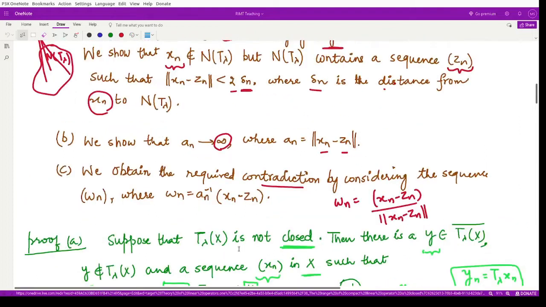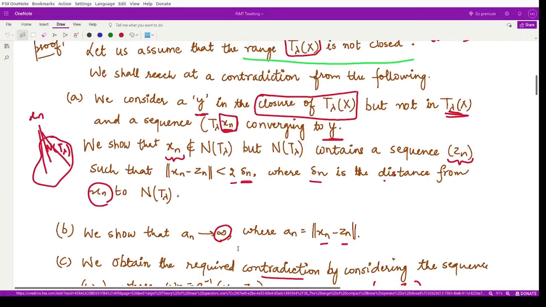So let's again have a look here. In part A, we considered some y which is in the closure of T lambda X but not present in T lambda X itself, and the sequence T lambda xn converges to y. In this case, xn does not belong to the null space of T lambda, but the null space contains another sequence Zn such that the distance of xn from Zn is strictly less than 2 delta n, where delta n is the distance from xn to the null space itself.